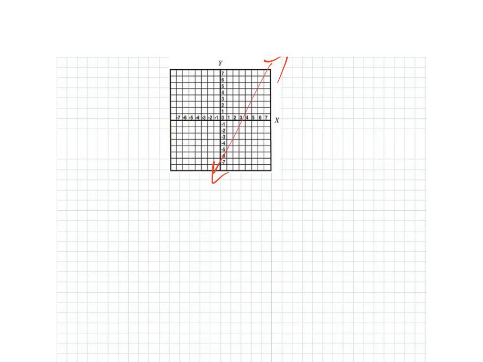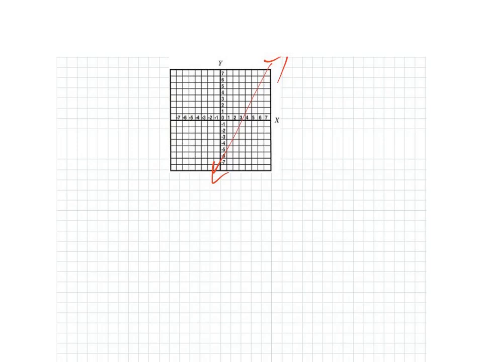And here's what that looks like. It's one line. Both equations happen to be the same exact line. And so both equations have as many points on a line they have in common.